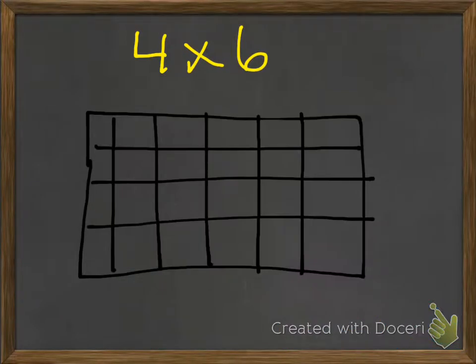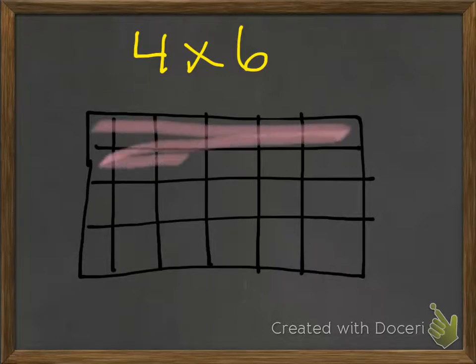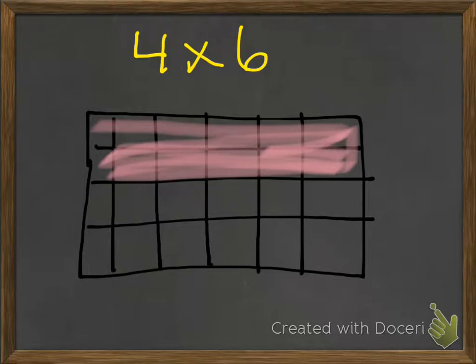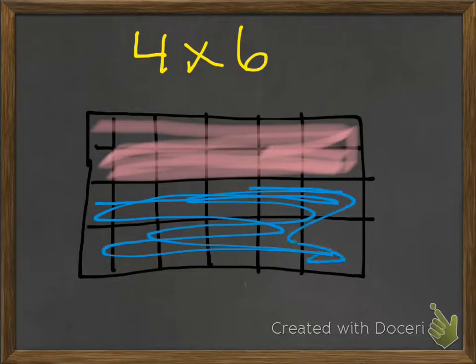One other way we could do this is to do a little bit different shading. We could shade this side up here, and then color all these in here. Now we have a slightly different equation, but we're still going to get the same answer.